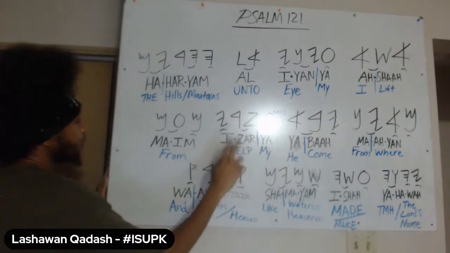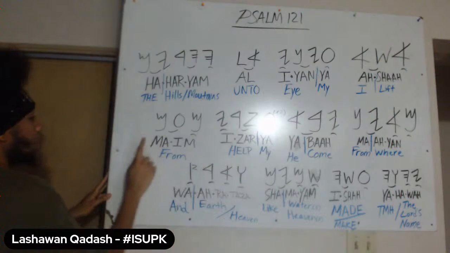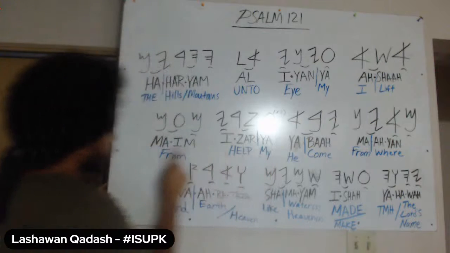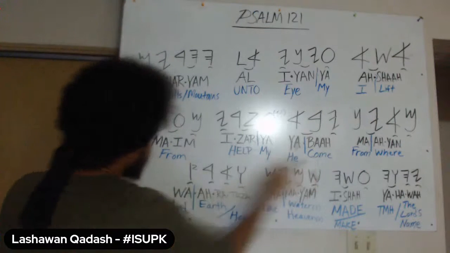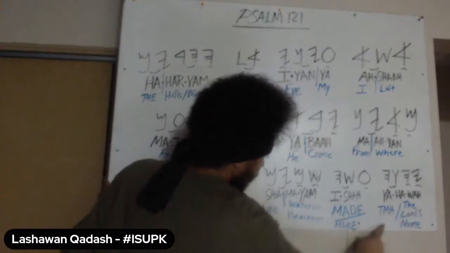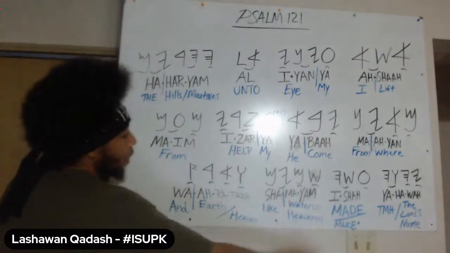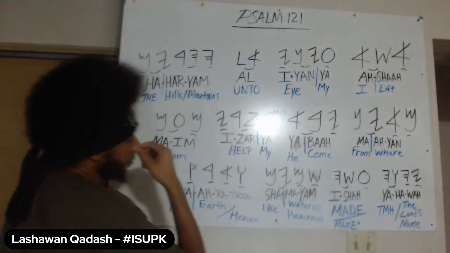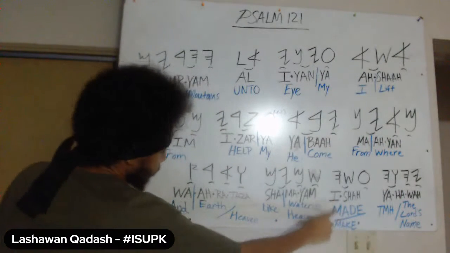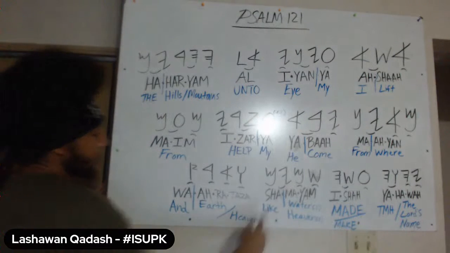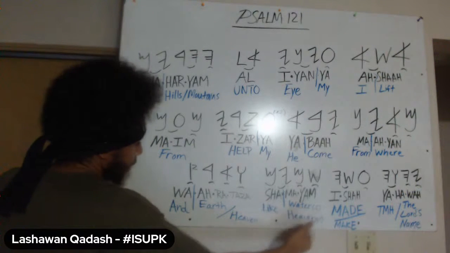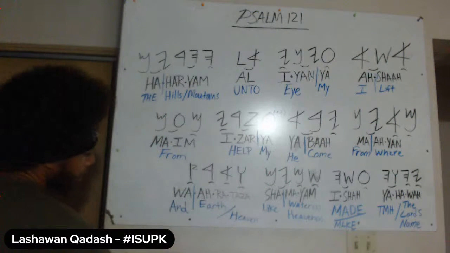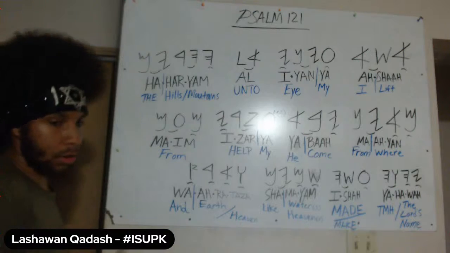Isaiah, my help. Said twice, my help. Mayam, from. My help, it really should say, my help come from Yahweh, the Most High. Aisha, I believe it says, who has made, or who's made. Shemayim, the heavens, I want to say. Yeah, I believe it's heavens. Wa Ratazah, and earth, and then it goes on and on.